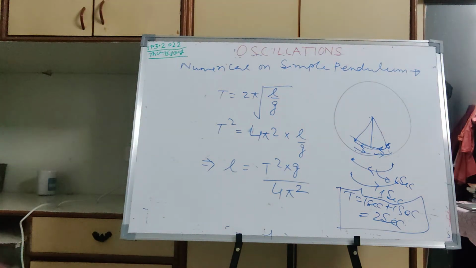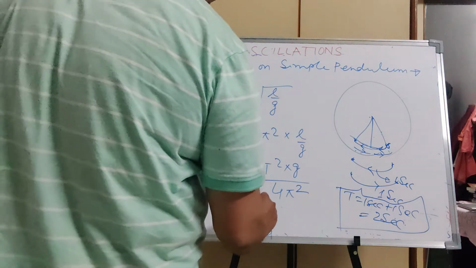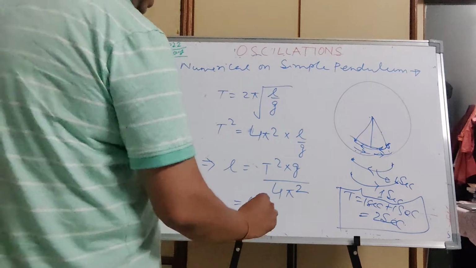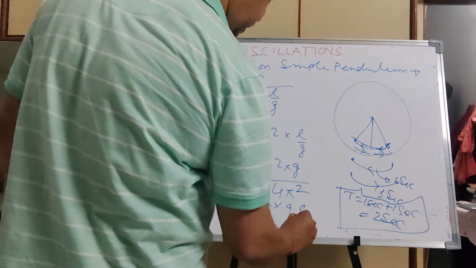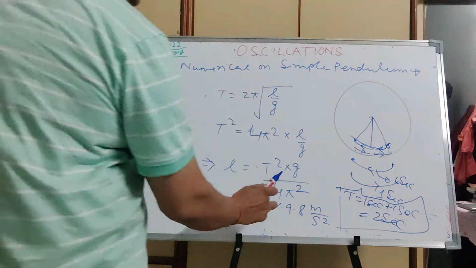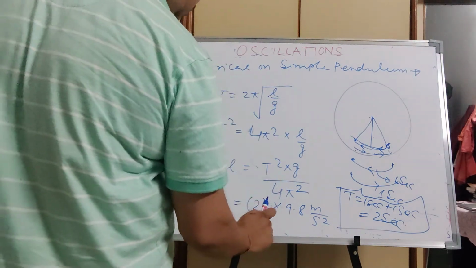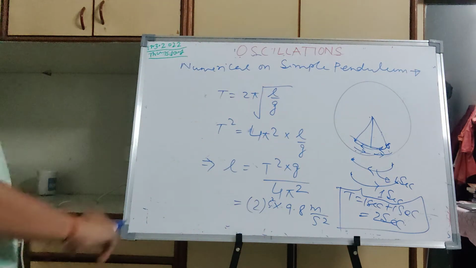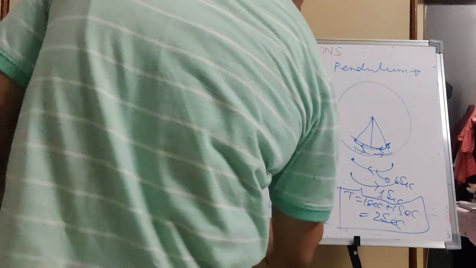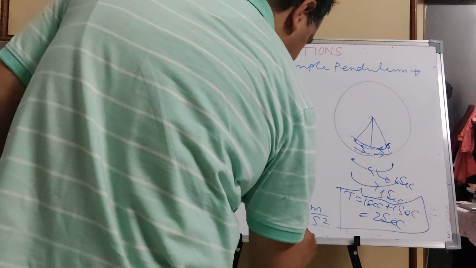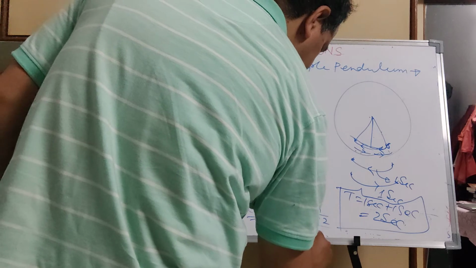If the time period is 2 seconds, what will be the length of the pendulum? So T is 2 seconds, square it, and g is 9.8 meter per second square. So it will be 2 seconds square, that is 2 square into second square, into 9.8, divided by 4 into 3.14 into 3.14.